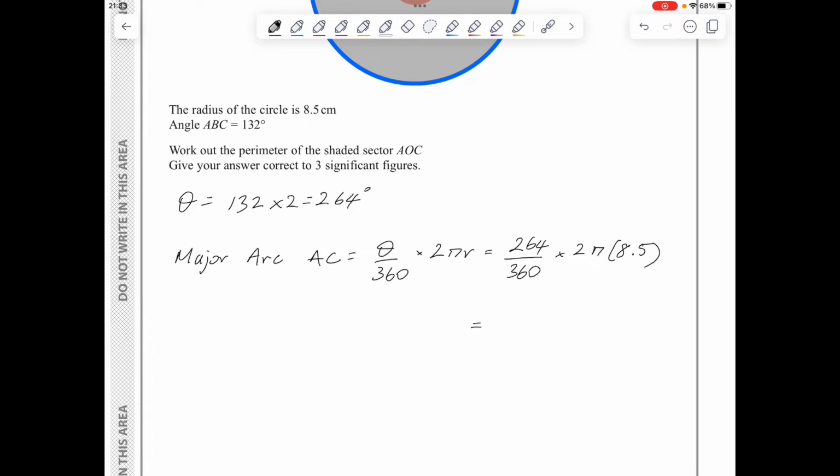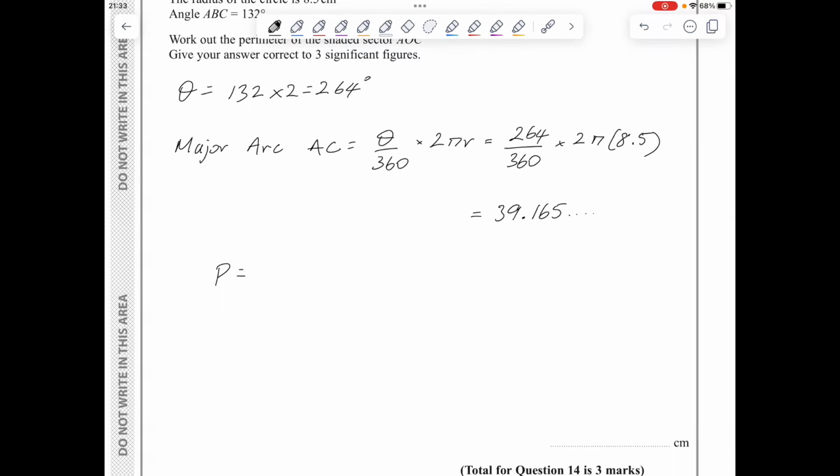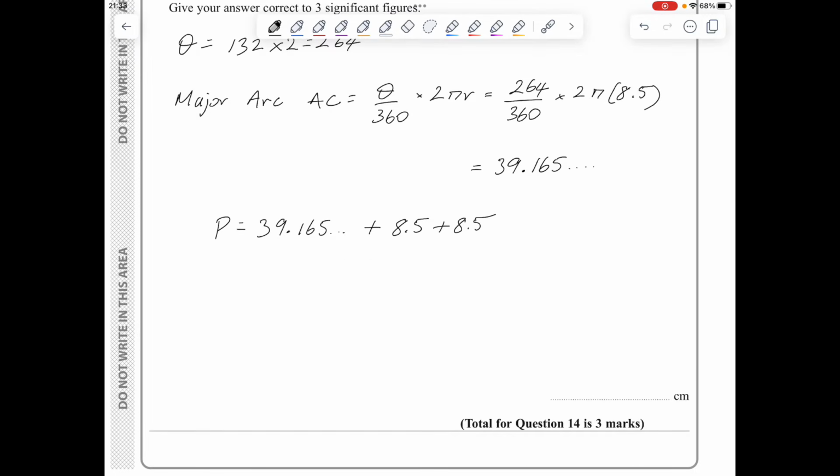This will give me 39.165 and so on. Therefore, the perimeter is this number plus 8.5 plus 8.5. Put this on the calculator and the answer comes out to be 56.2, correct to 3 significant figures.